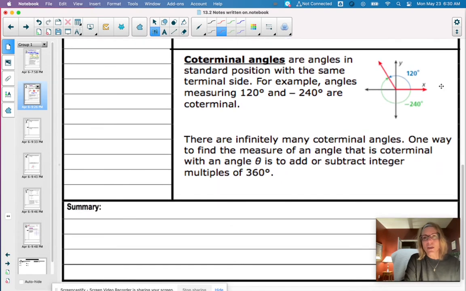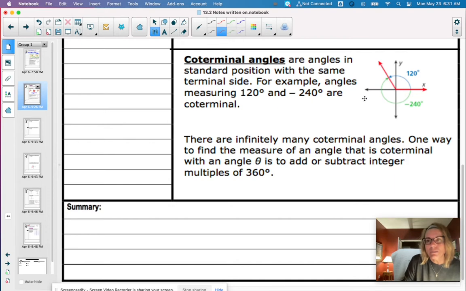Coterminal angles are angles in standard position with the same terminal side. For example, angles measuring 120 degrees and negative 240 degrees are coterminal. Remember, the negative is the direction.